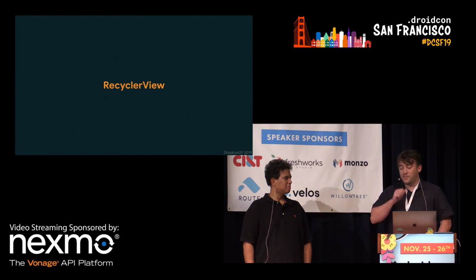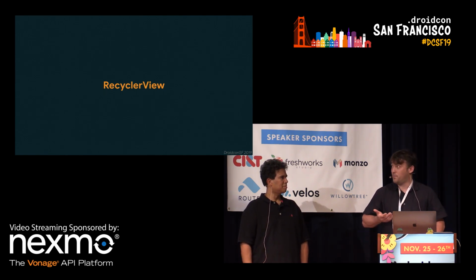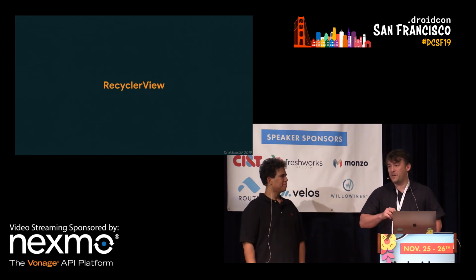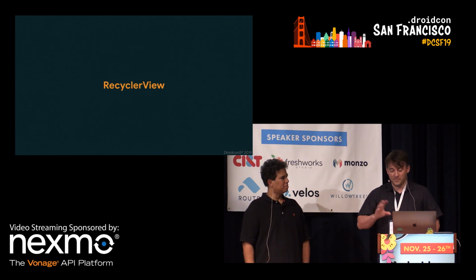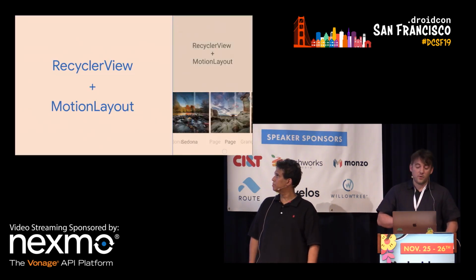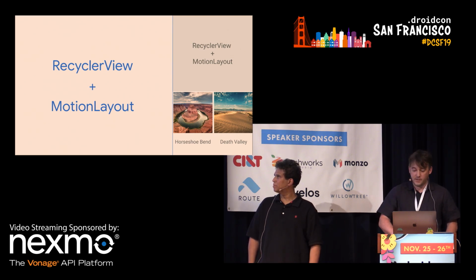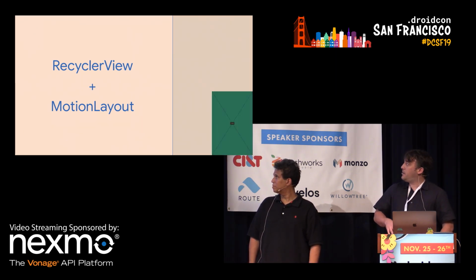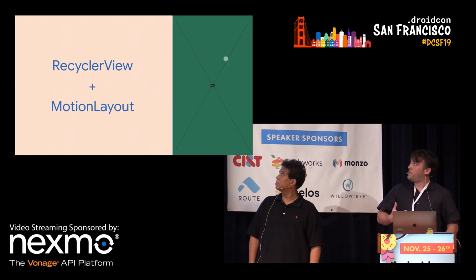An example is how you can use MotionLayout and RecyclerView. There are various ways of doing that. I've seen people on the internet doing crazy stuff. You could use MotionLayout as an item of RecyclerView, et cetera. There is one way I played a little bit with, where I have a RecyclerView on the bottom, and I'd like to have this kind of motion.